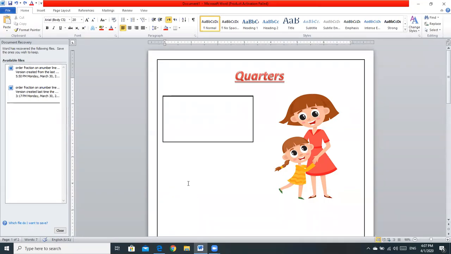To know what's meant by quarter, I will tell you a small story about a girl and her mother. One day her mother said to her, "Come, I have a bar of chocolate. Let's eat it together." Her daughter said, "Yes, I want to eat."